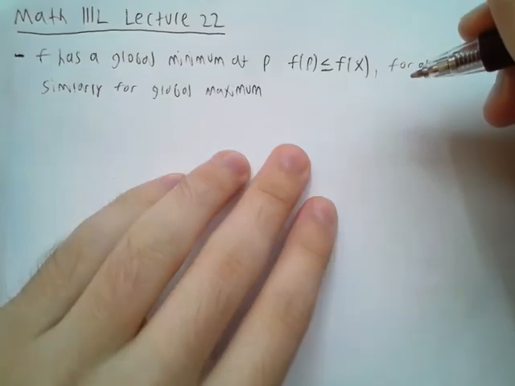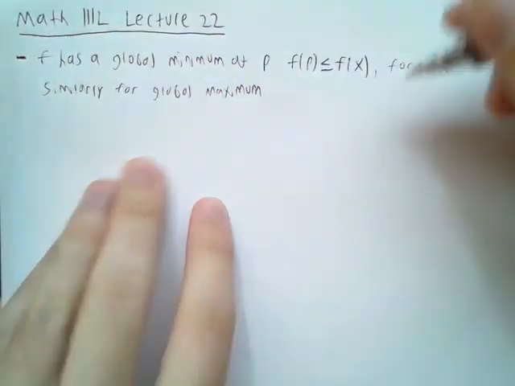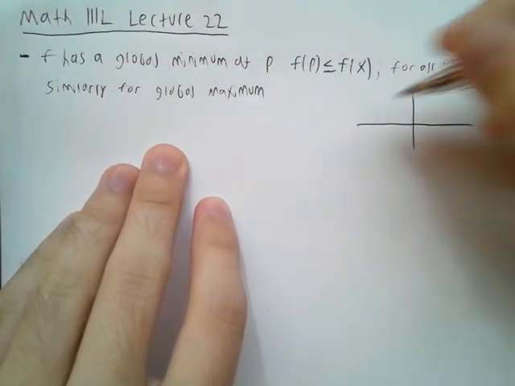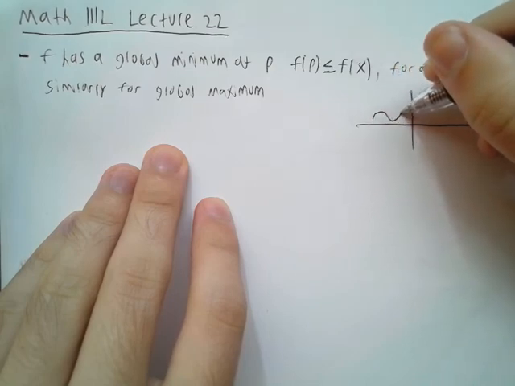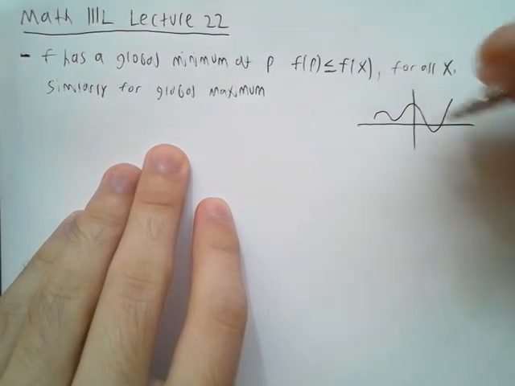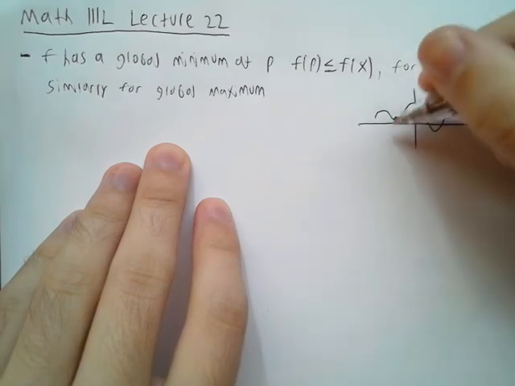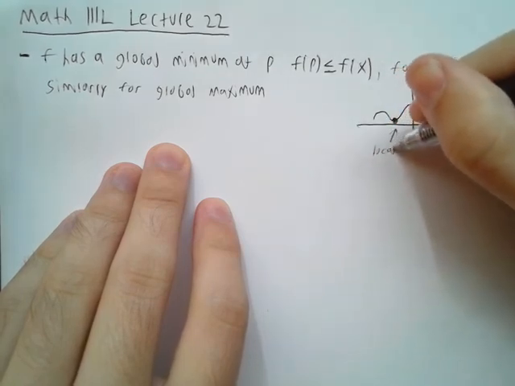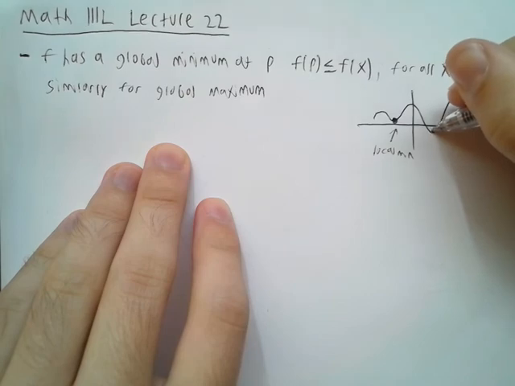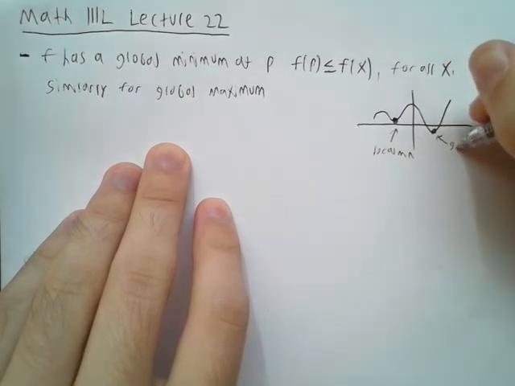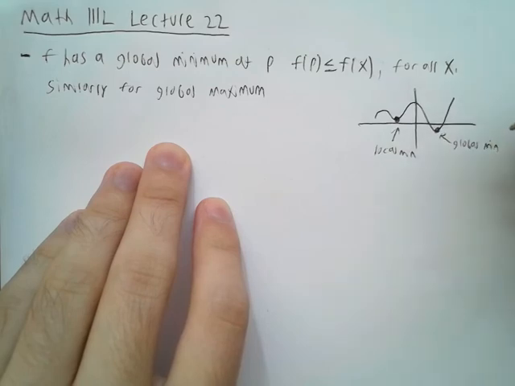So the picture is that we have some function like this, and we have a local minimum here, for example, but over here is where the global minimum is, because it's an even lower value of the function.